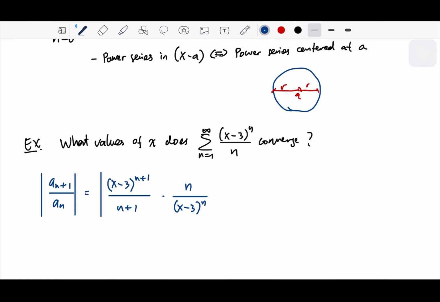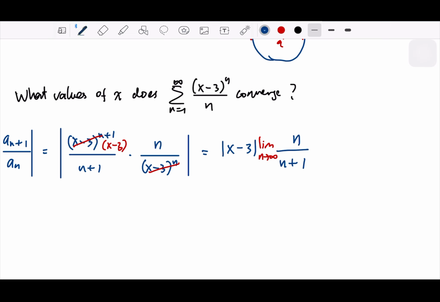And from here, we can cancel x minus 3 with power of n, and we are going to have x minus 3 and then n over n plus 1. Or if we try to take the limit of this as n goes to infinity, the limit result is basically equal to 1, right?